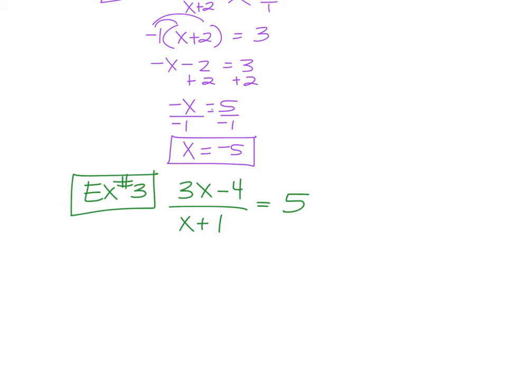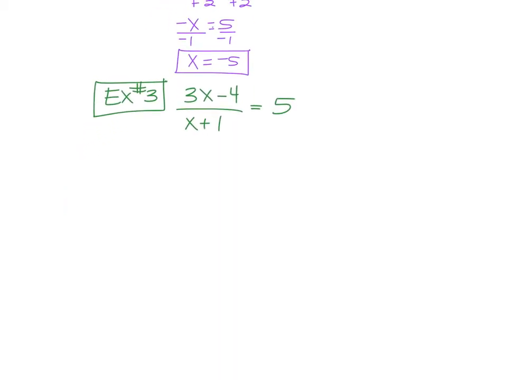What do you do? Put it over 1. Nice try though. And cross multiply. So 1 times 3x minus 4 is just 3x minus 4. 5 times x plus 1, I'm going to just distribute right now, but you're multiplying 5 parentheses x plus 1, so that would be 5x plus 5.